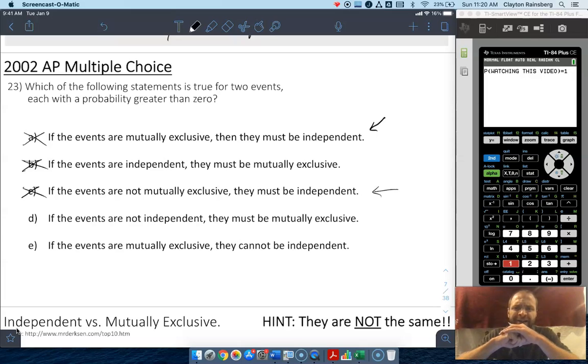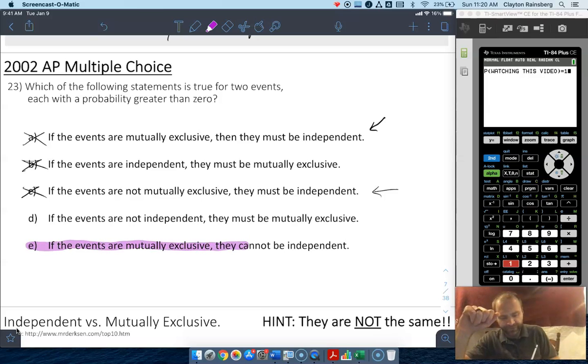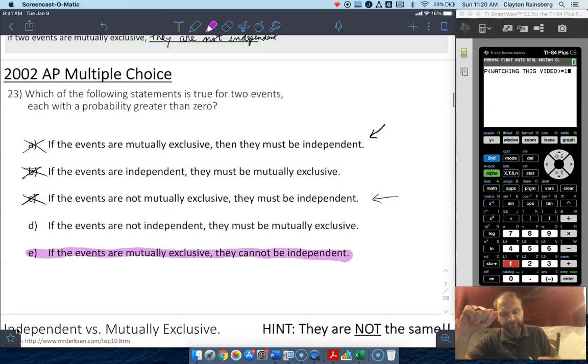If the events are not independent, they must be exclusive. So that's a guarantee statement there. That has to be 100% of the time. Now let's read choice E. If the events are mutually exclusive, they cannot be independent. That's the answer. That was the idea of the previous slide.